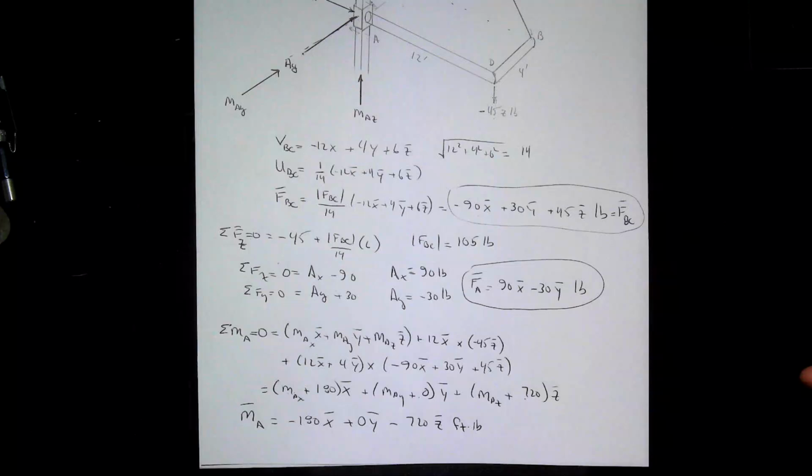So we have MAX x plus MAY y plus MAZ z. We're going to solve for those. All right. Now I just need to go r cross F. So this is 12x cross minus 45z.